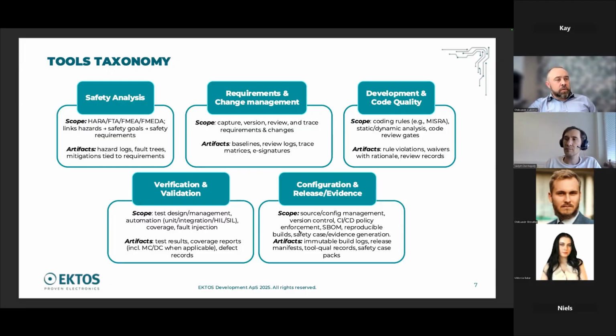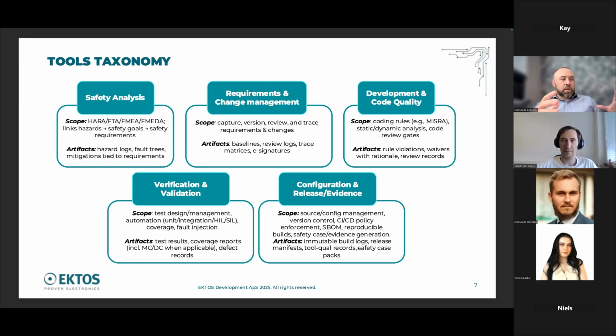And the last part of the tools taxonomy would be the configuration and release evidence part, where we work with sources and configuration management. We work with version control tools, continuous integration and deployment policies and pipelines, software bill of materials, and stuff like that.